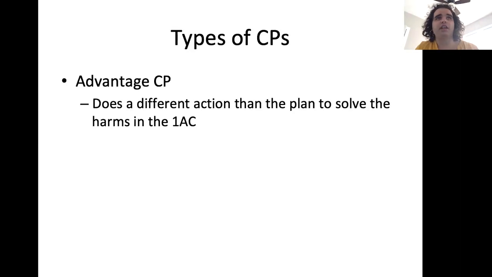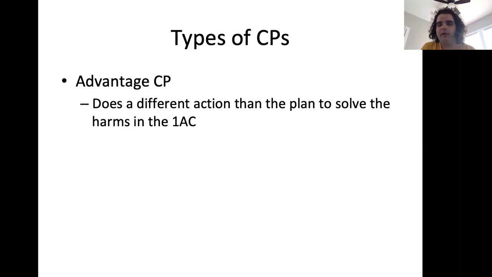So first we have advantage counterplans, which are counterplans that do a different action to solve the harms of the 1AC rather than the plan. Let's say that the affirmative gets up and says the police are over-aggressive and very violent, and we think doing this implicit bias training would help solve that problem, right?